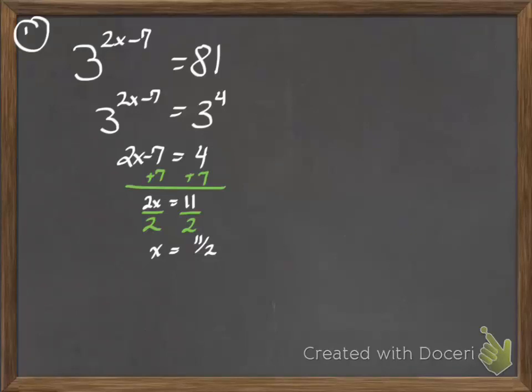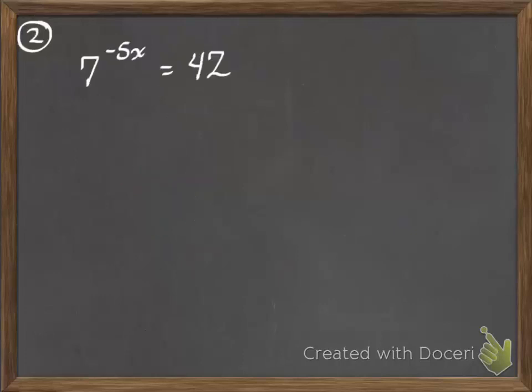Is life always that simple? No. Most of the time, no. And so like here, is there any number I can raise 7 to that's a whole number that we can think of that would get us to 42? No. And so it's going to end up being a crazy fraction to help us get there.